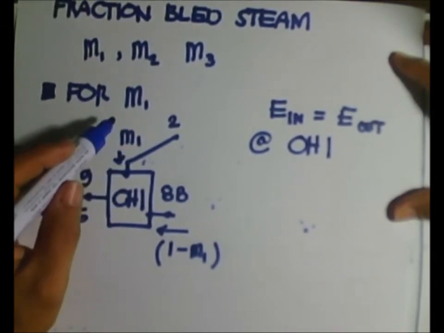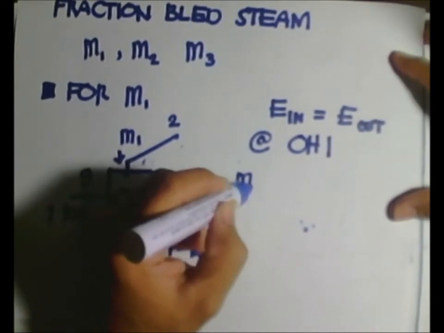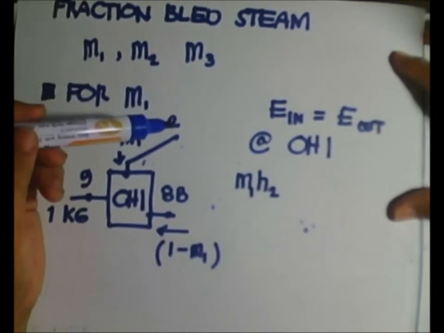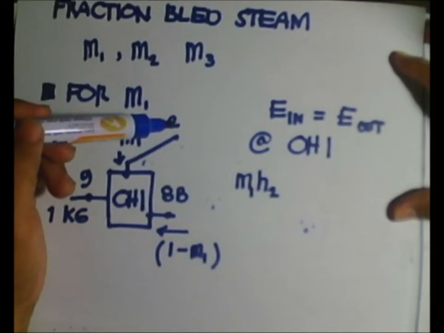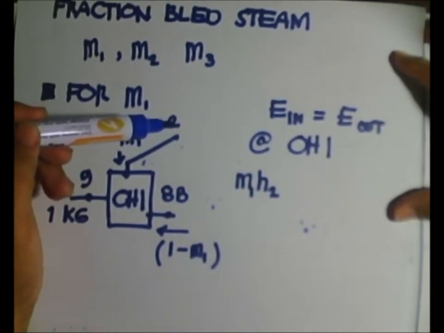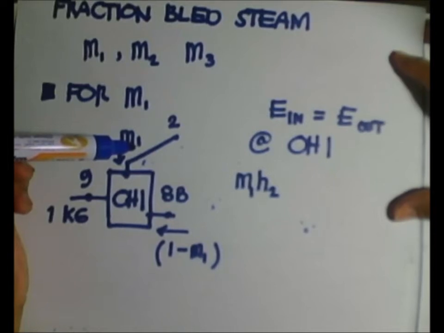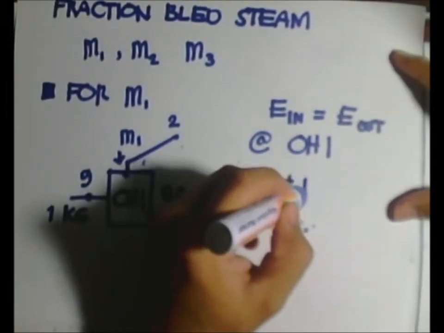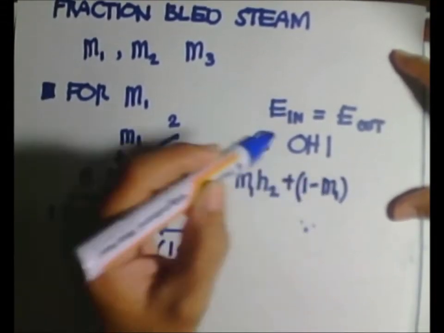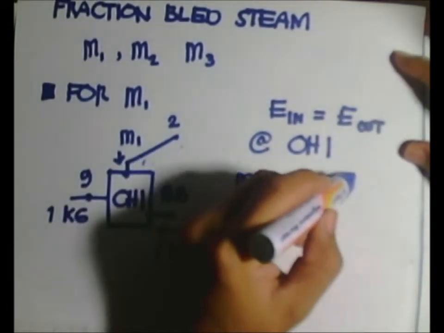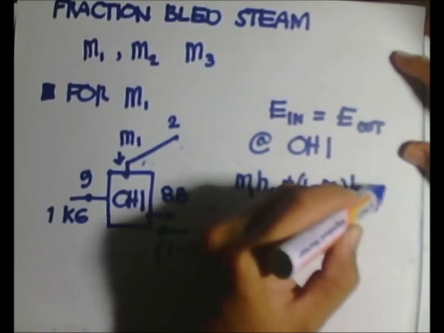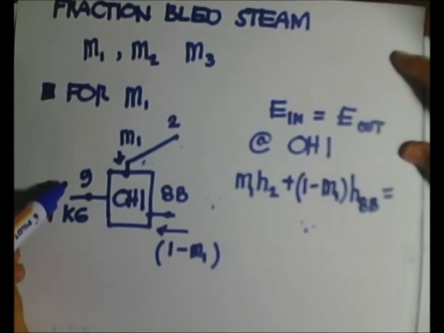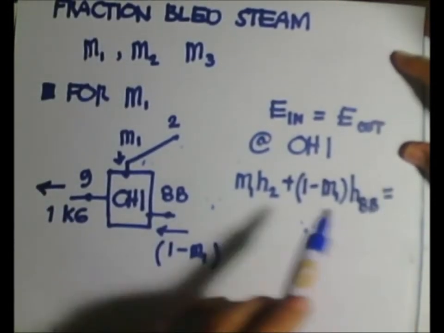So we have here that M1 times H2, that's the enthalpy, assuming an ideal case, that's the enthalpy of the steam at point 2 as it is being extracted, plus the 1 minus M1 times H8B will be equal to this one, this comes out here, will be equal to 1 times H9.